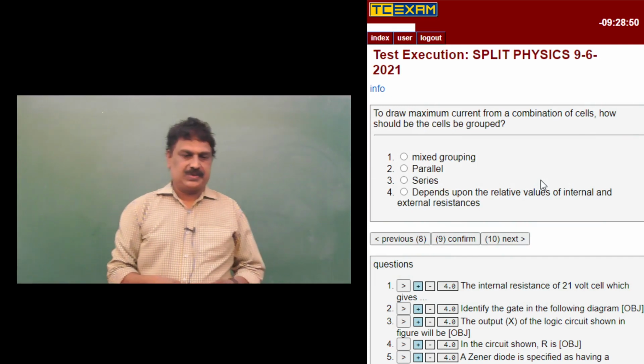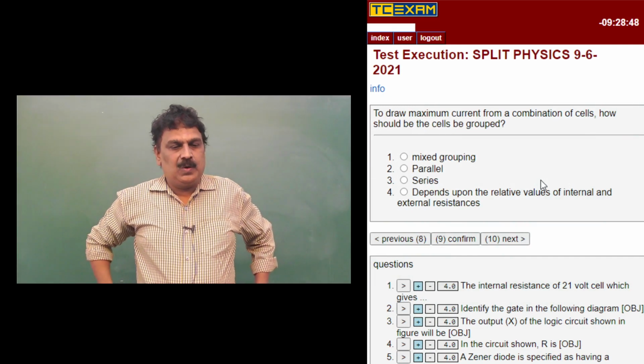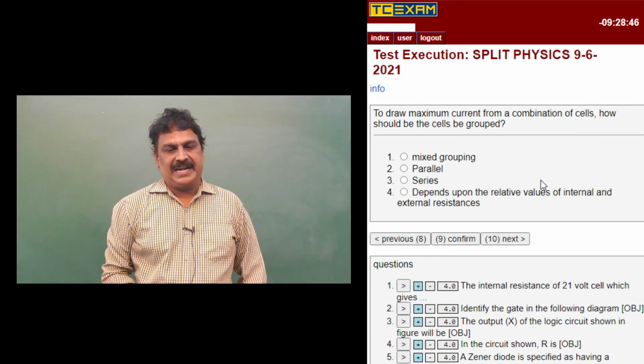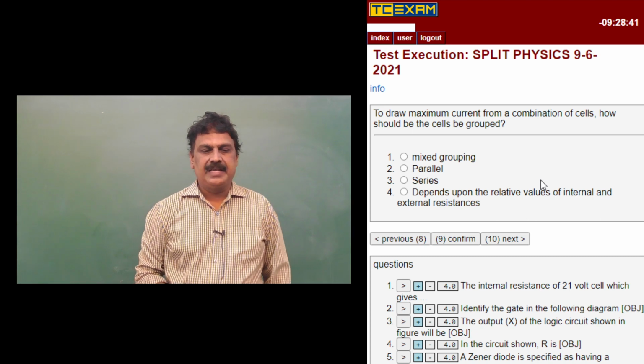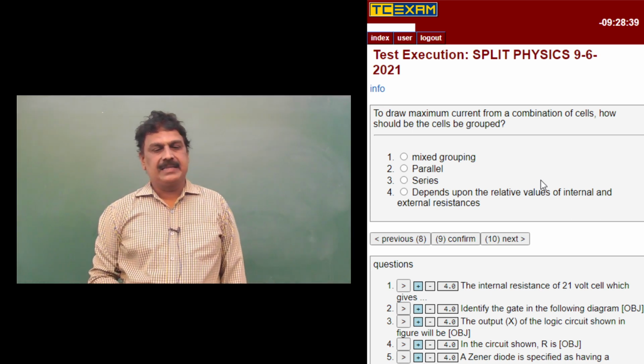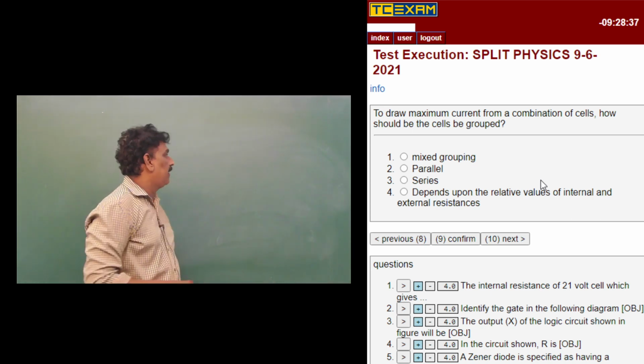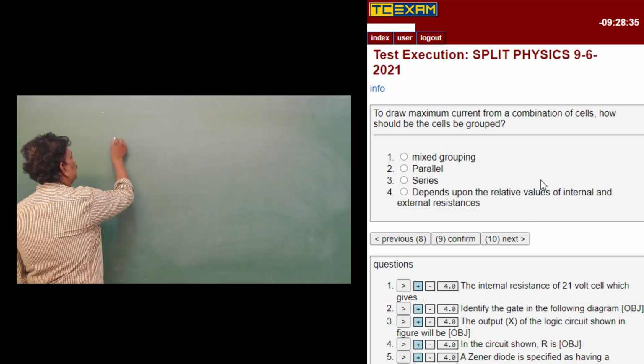Now the next question: to draw maximum current from the combination of cells, how should the cells be grouped?